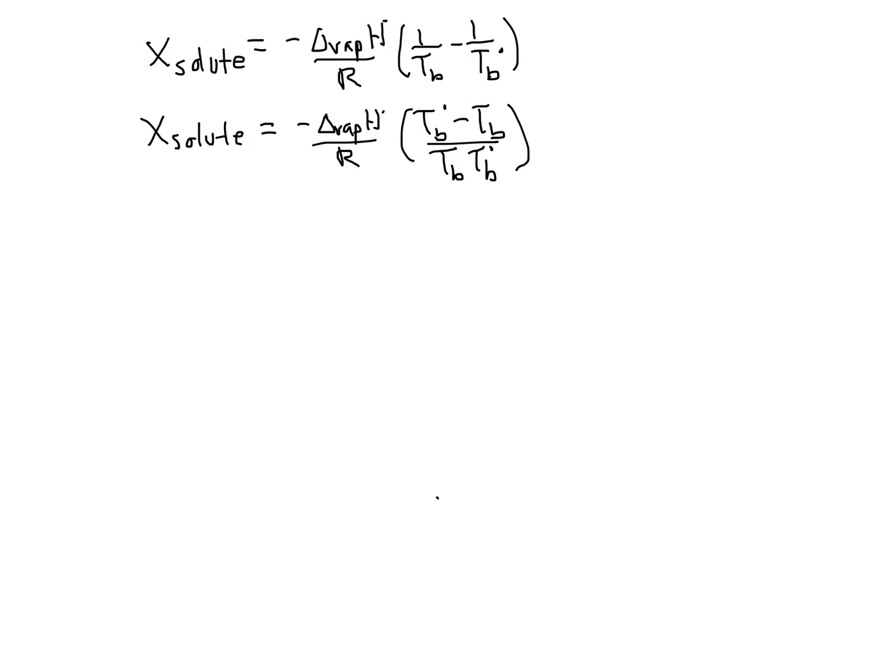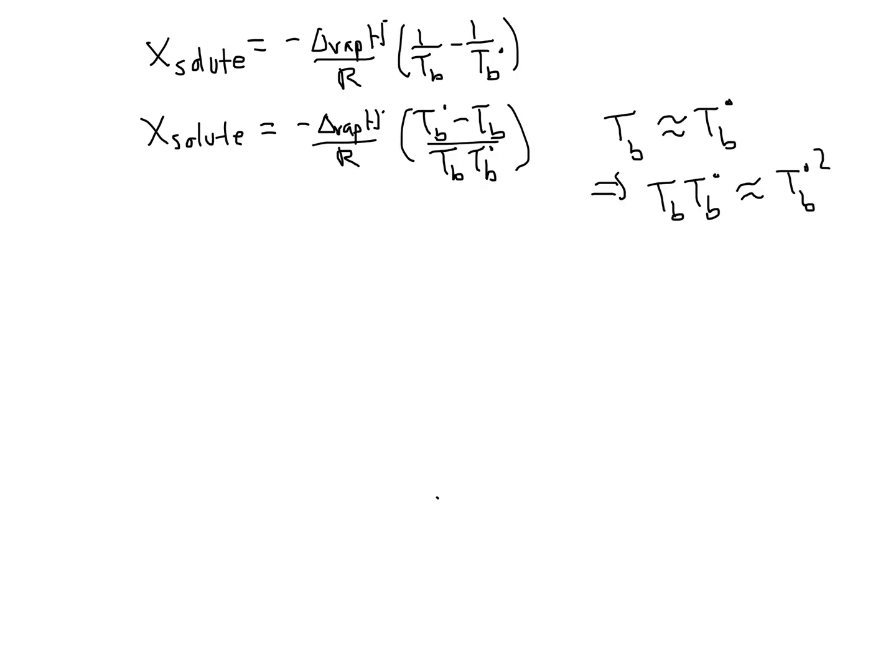If we make the approximation that T boiling is not too terribly much different than the boiling point of the pure solvent, then we can say that the product of the boiling point of the solution times the boiling point of the pure solvent is approximately equal to the boiling point of the pure solvent squared.